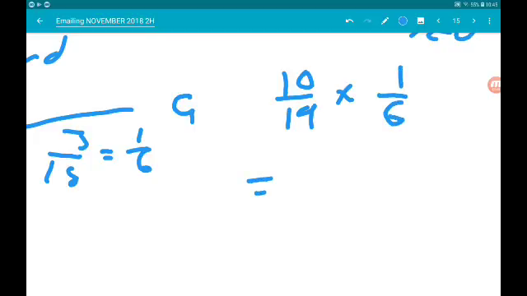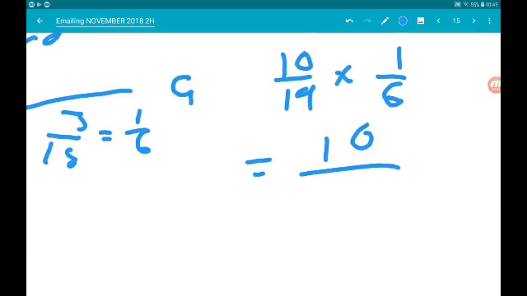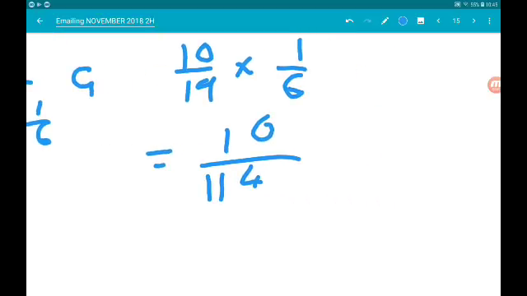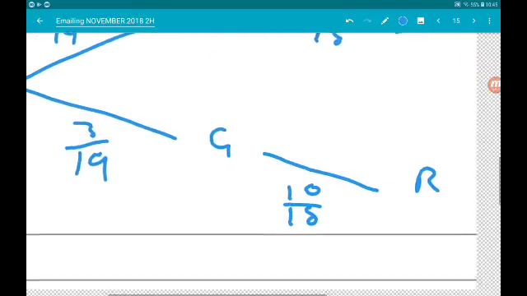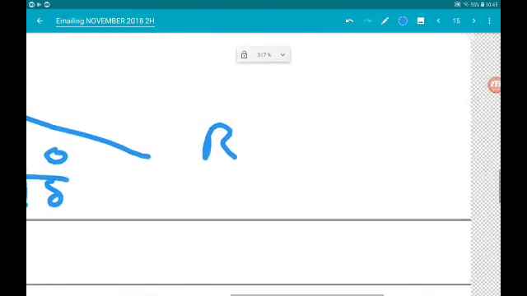Now that is 10 over 6 times 19, which is 114. Now that is 5 over 57. And then this chap down here, 3/19 times 10/18.